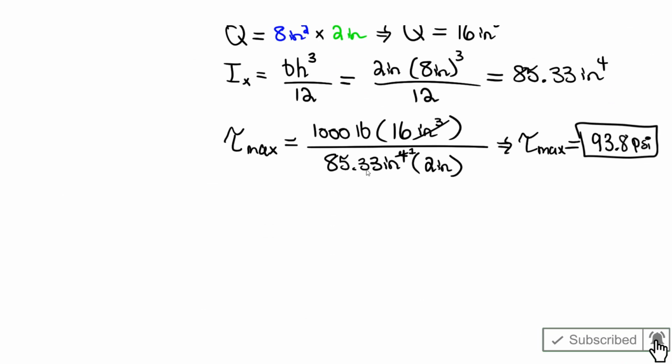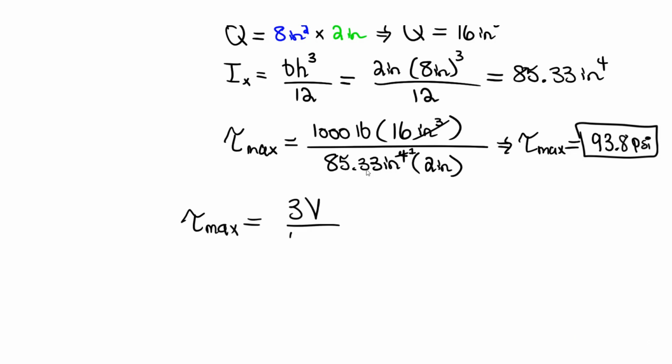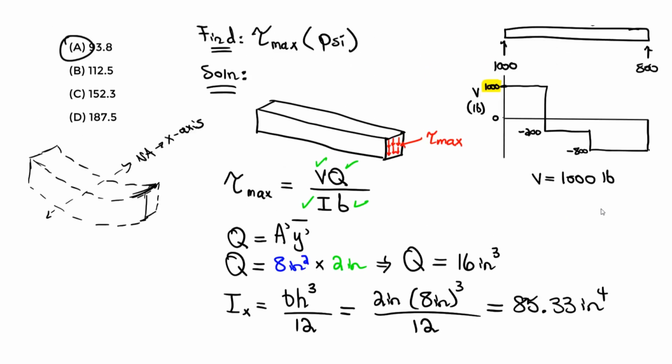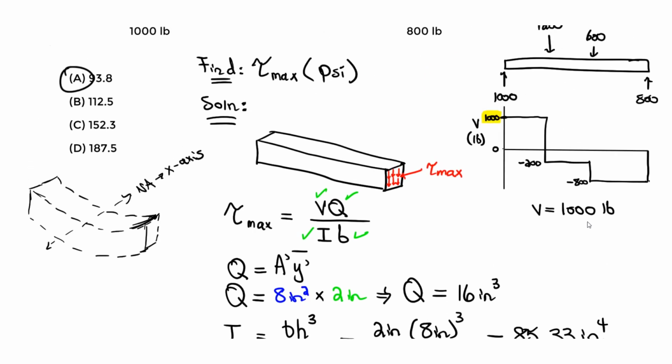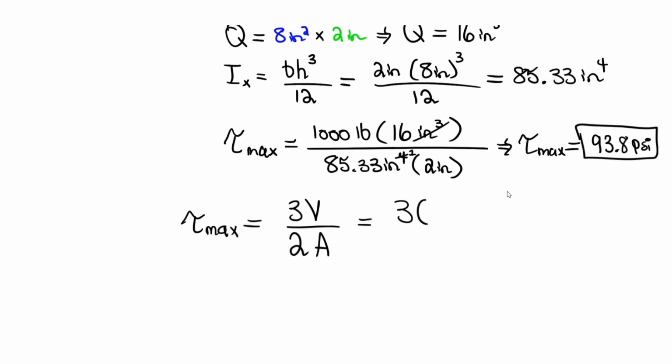But here, if you just use this equation, you would get the same answer. So this is for a rectangle. Any rectangle, you can just use this equation. You take 3V divided by 2A. And A is just the area of the cross-section, the total area. So let's do that. You take 3, what's V? V is still the value we got, right? That 1,000. So you would still have to do that step.